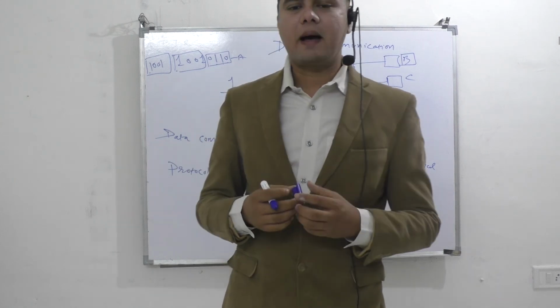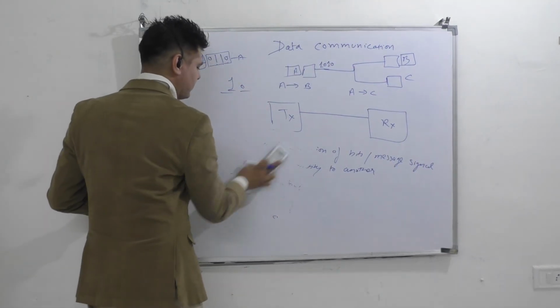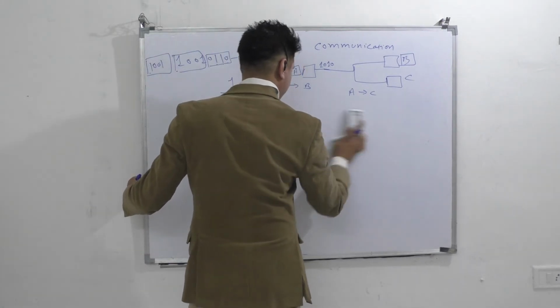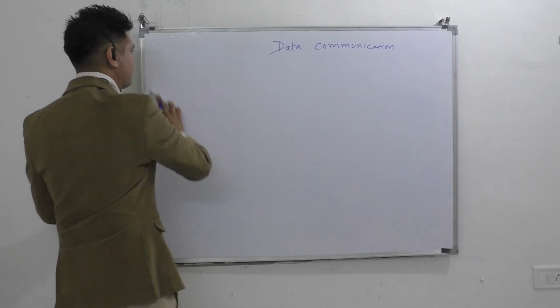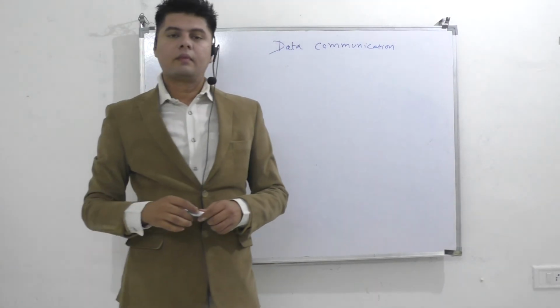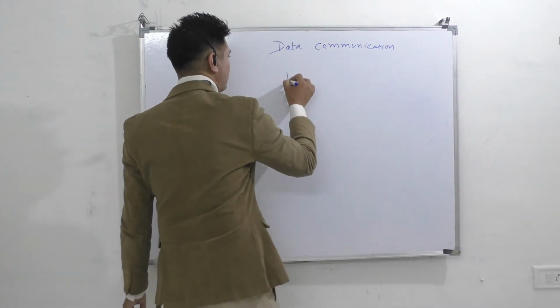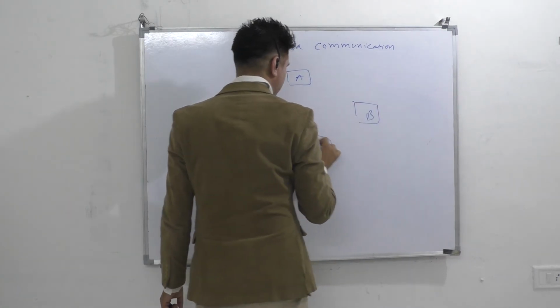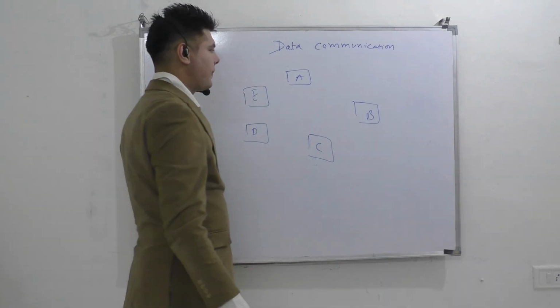Now I'm taking an example of how these 5 nodes A, B, C, D and E can communicate.